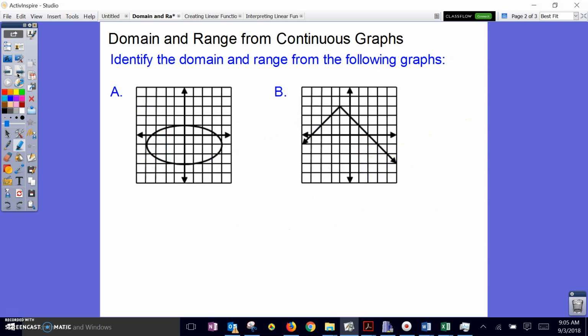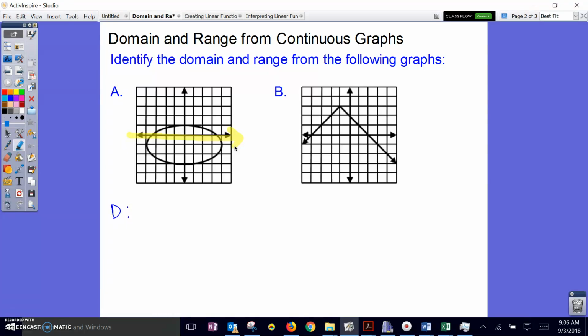We're going to identify the domain and range here in part A. So the domain is all of the x values that this graph passes through. I'm going to move across this graph from left to right and identify all the x values that it passes through.